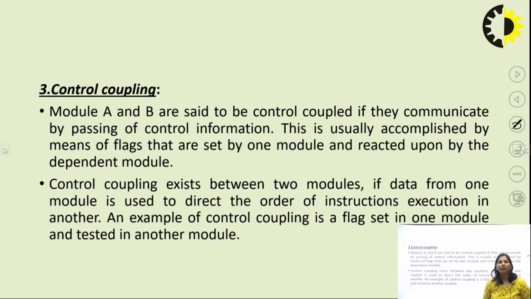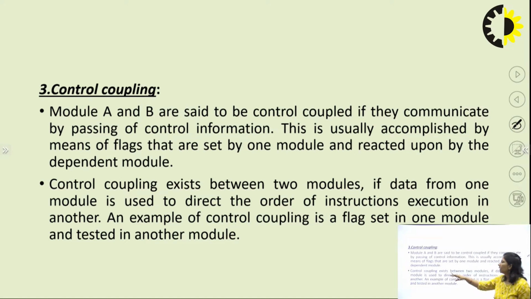Another type of coupling is control coupling. Module A and B are said to be control coupled if they communicate by passing any kind of control information. This is usually by means of flags that are set by one module and reacted upon by the dependent module.